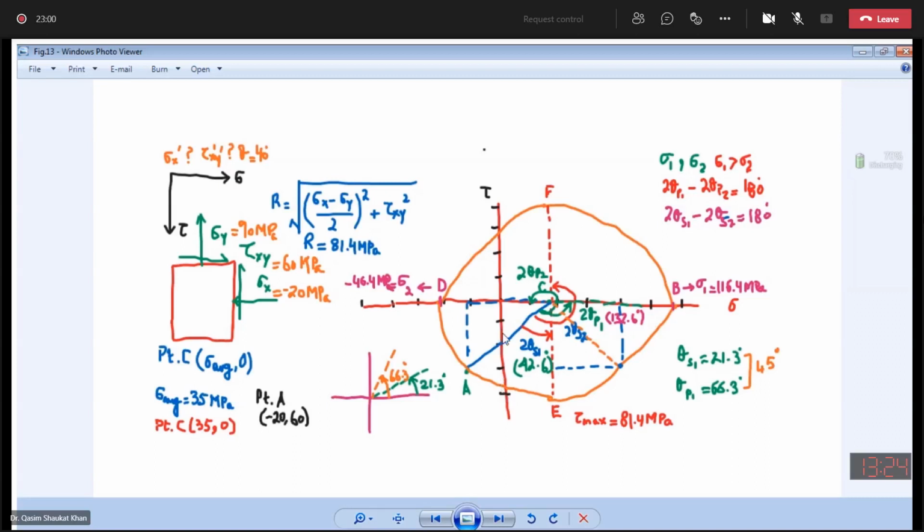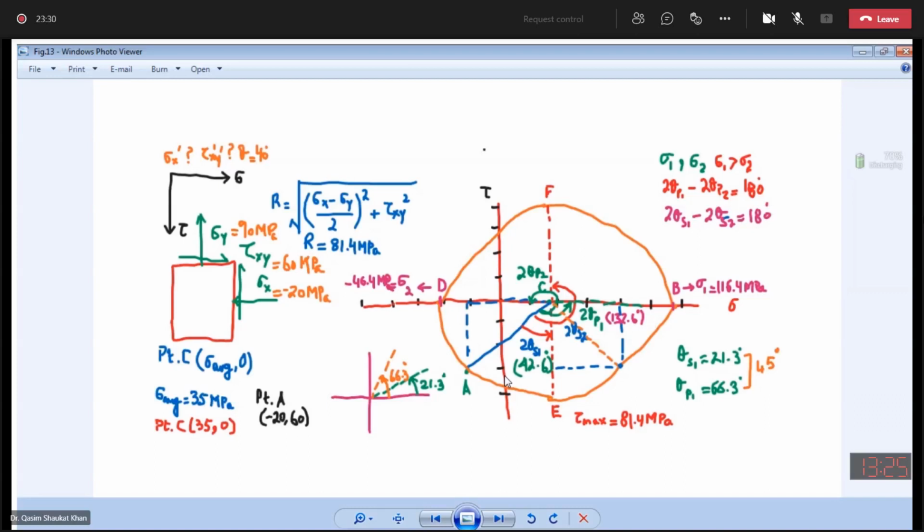On the horizontal normal stress axis, I have 20, 40, 60, 80, 100, and 120, and on this side minus 20, minus 40, minus 60, minus 80. You get it? Now you have drawn the axis and marked the scale.